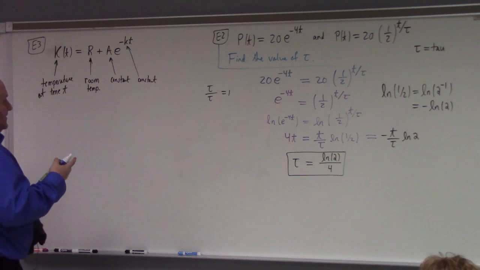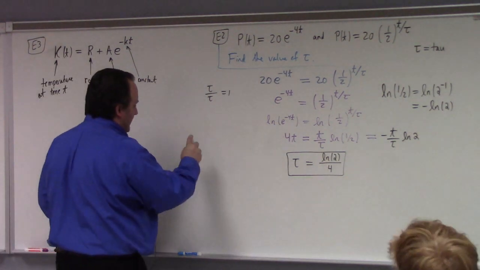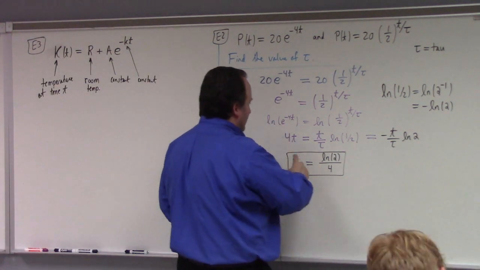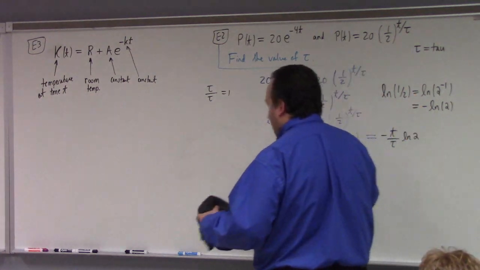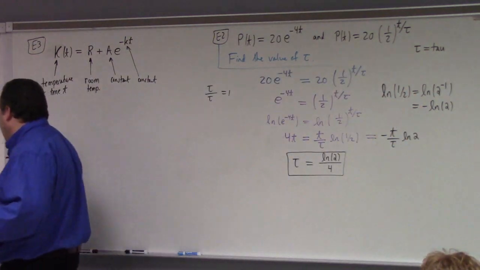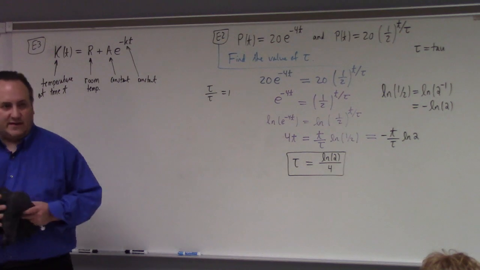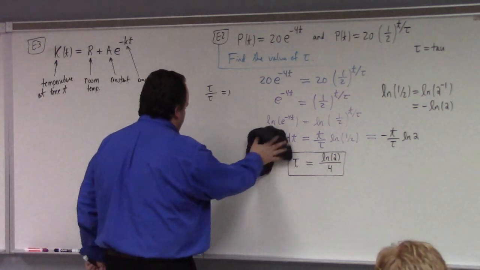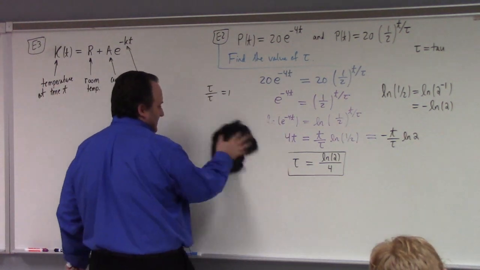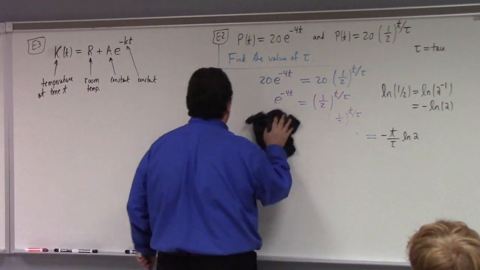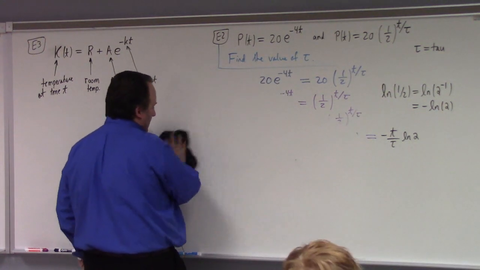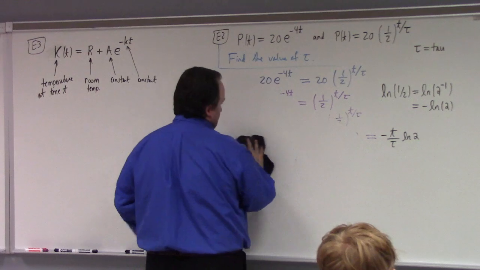Now, if you look at this formula, there are a lot of moving pieces in it. You've got room temperature, the constant A, and the constant k. I think of it this way: A has to do with the initial temperature of the cup of coffee. R, of course, is room temperature.